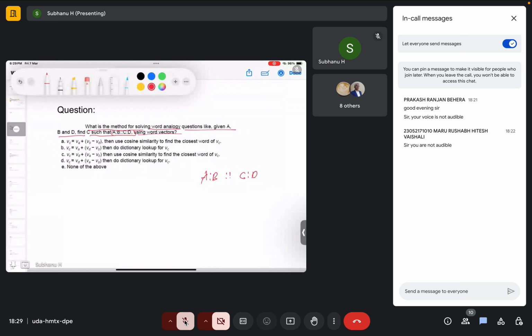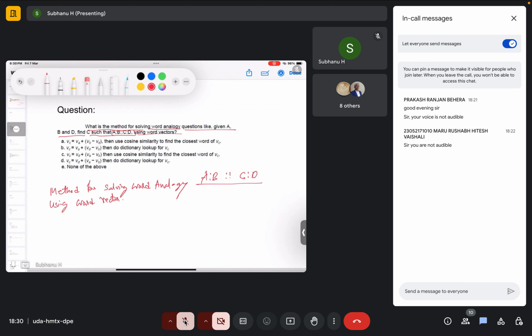We have to find what method is for solving word analogy using word vectors. So in word analogy tasks, we are given four words.